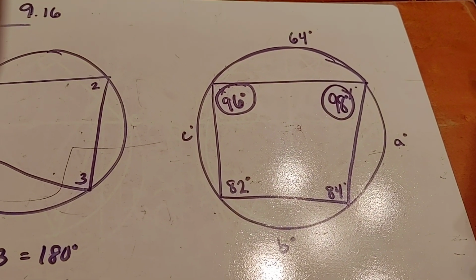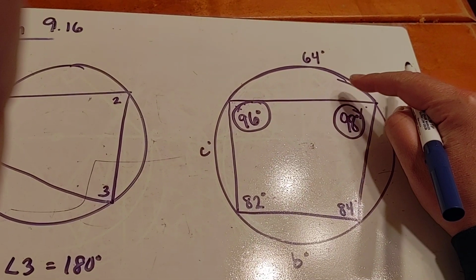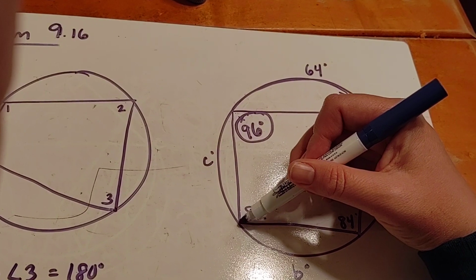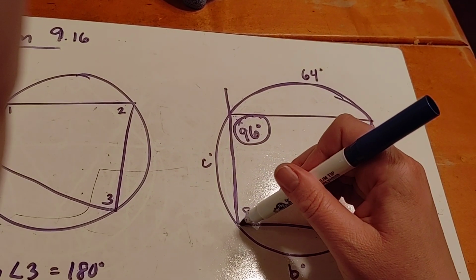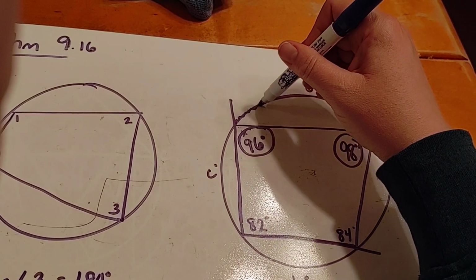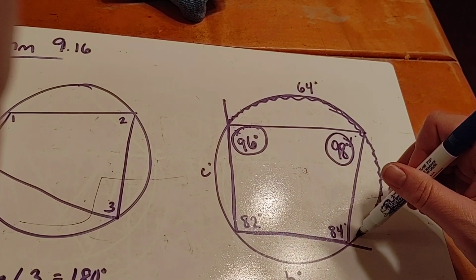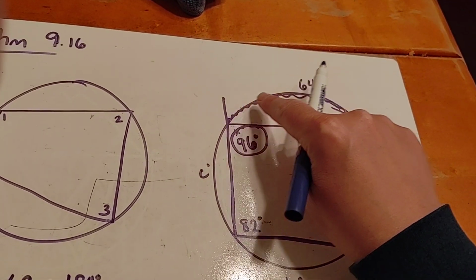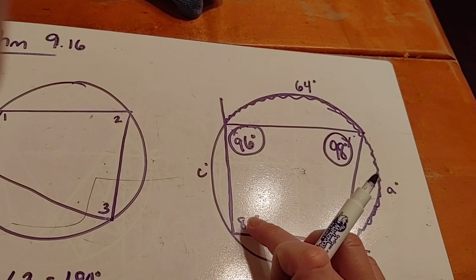But how are we going to find the measurements of these arcs? I know this is 64. Let's start down here at this 82. This angle is an inscribed angle. It opens up here and here. So the 82 opens all the way up to this huge arc, which kind of makes sense because this inscribed angle is half the measure of this huge arc, which means this inscribed angle is 82.